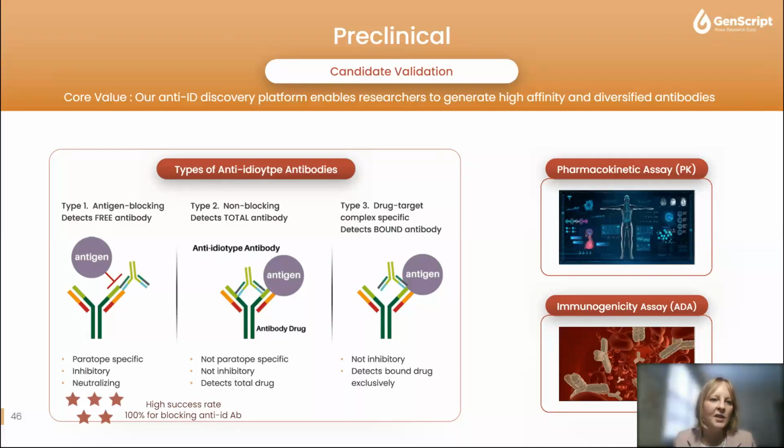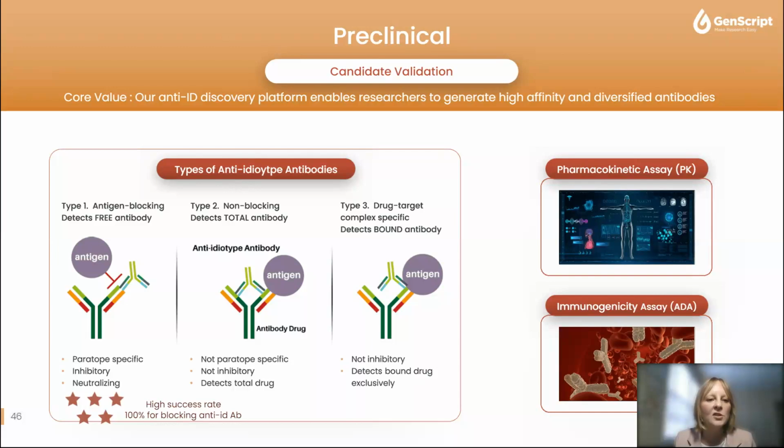Anti-idiotype antibodies play a crucial role in the development and characterization of antibody drugs. They're designed to specifically recognize and bind to the unique variable region of another antibody known as the idiotype. These antibodies are generated using advanced recombinant antibody technology, ensuring high specificity and sensitivity.